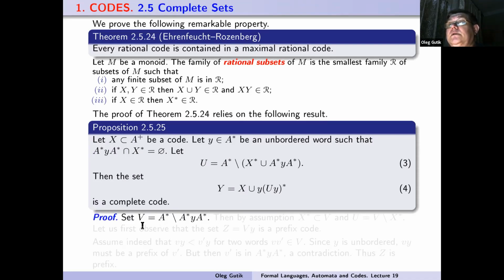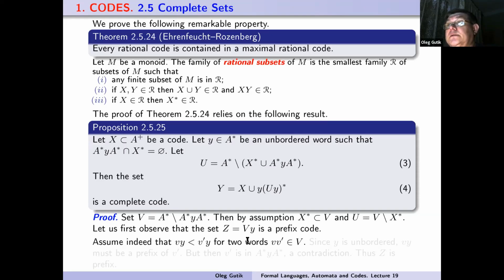We denote V as A star without A star y A star. Then by assumption X star is a subset of V and U is equal to V without X star. Let us first observe that the set Z equal to V y is a prefix code.